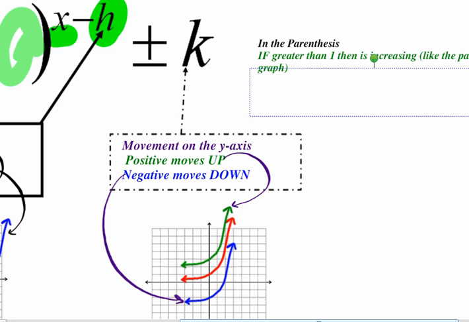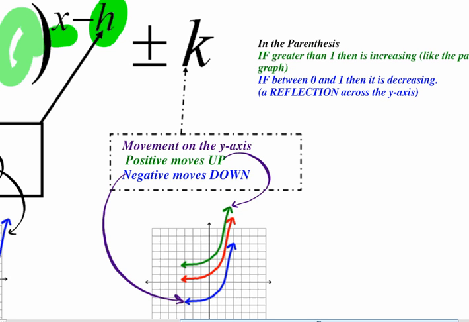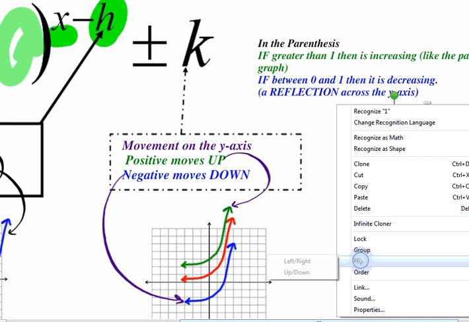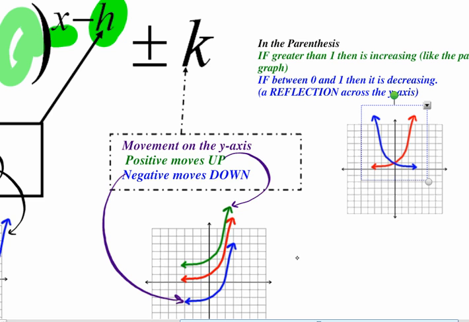If it is less than 1, that means it's between 0 and 1, then it's decreasing and I get a reflection across the y-axis. That means if what's inside those parentheses is a fraction like 1/2, I have what we call exponential decay.